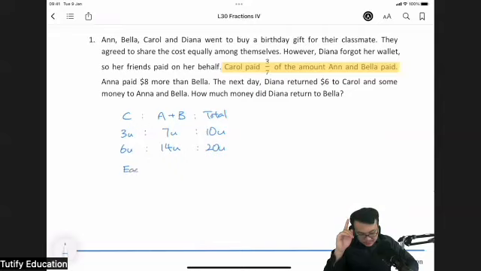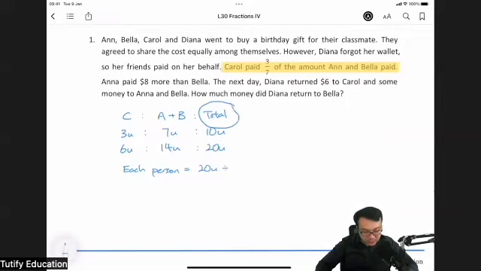Yeah. So each person is supposed to pay how many units? 20. Each person, this is the total, no? 20 divided by 3. Each person. Then that means Diana no need to pay lah. 20 divided by 4.